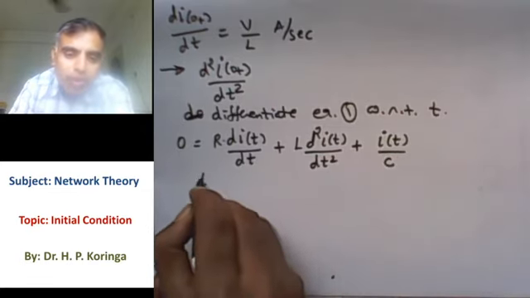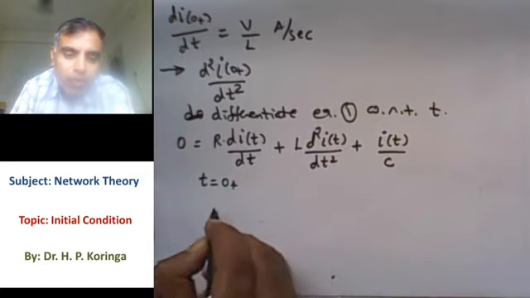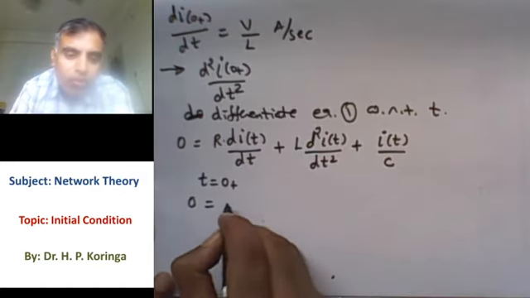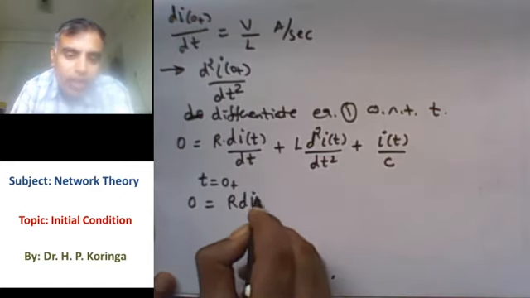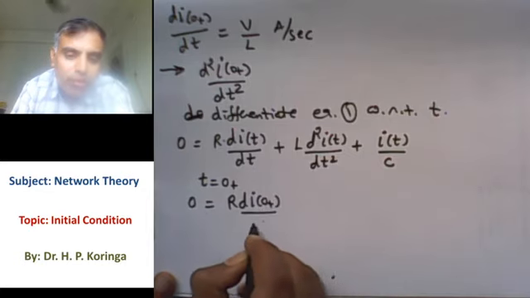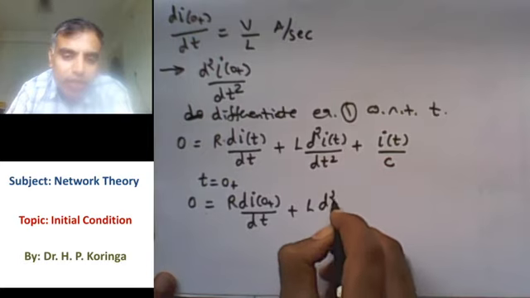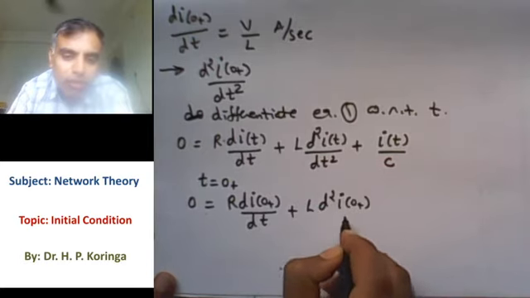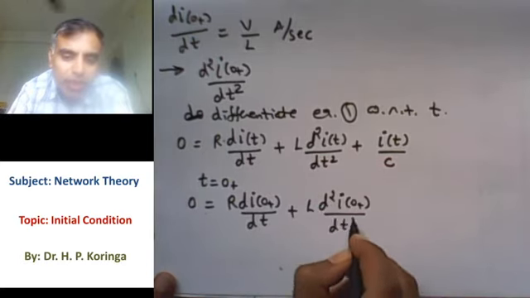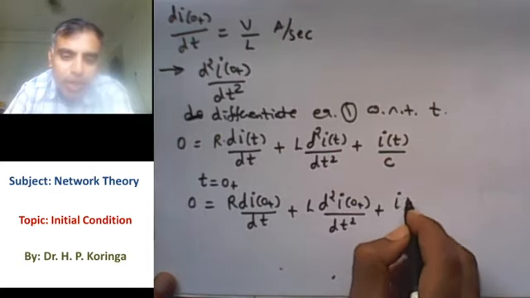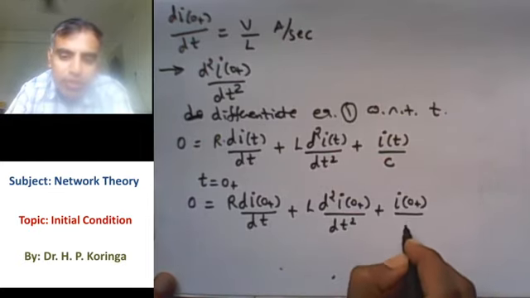Now let's substitute t = 0+ in the above equation, so we'll get 0 = r di(0+)/dt + L d²i(0+)/dt² + i(0+)/C.